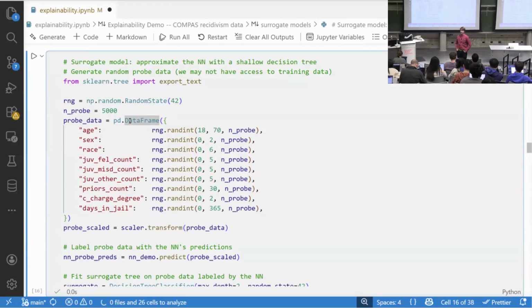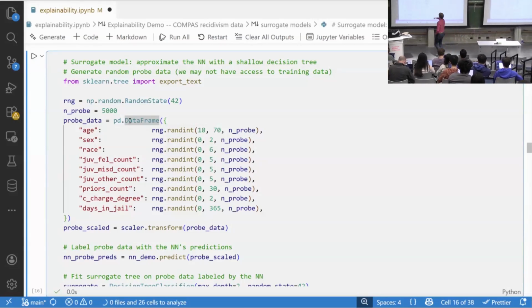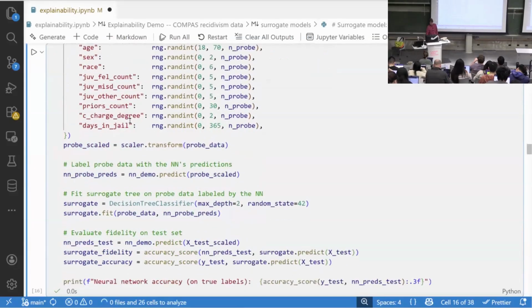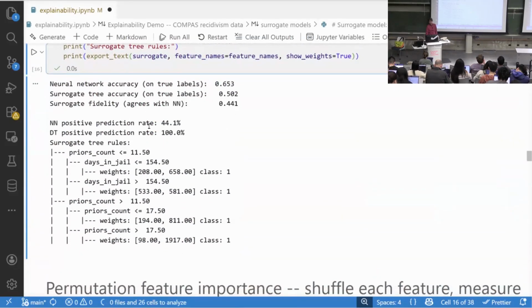In our data set, 0 days in jail is probably the most common, but here you just get a random distribution, right? So typically when you do this, you need to put a little bit more effort to create realistic inputs. In this case, this creates a really bad model simply because pretty much everything that I'm sampling says recidivism, because every random person that I'm sampling has so many prior convictions that the model essentially says this is recidivism, right?